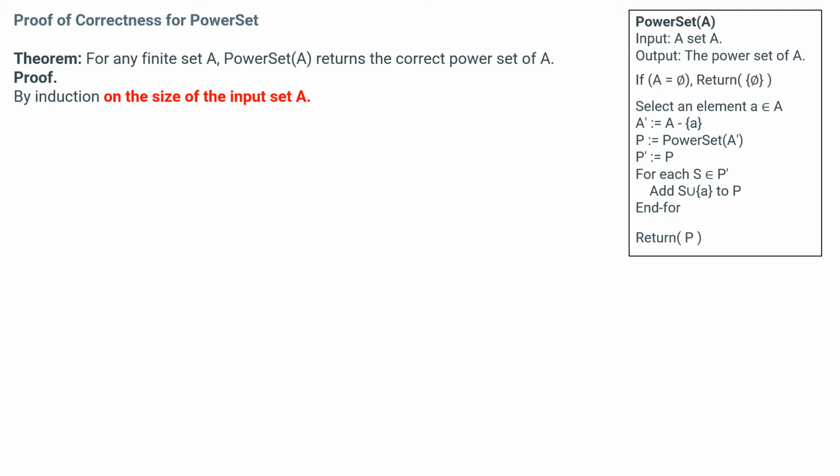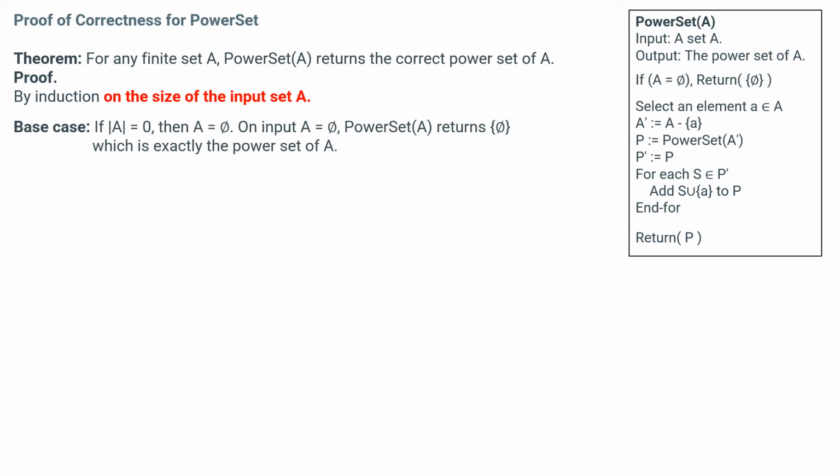First of all, for the base case, we show it's true when the size is as small as possible, and that would be the case where A is just the empty set. If the size of A is 0, that's the smallest we could get, then that would mean that A is the empty set.